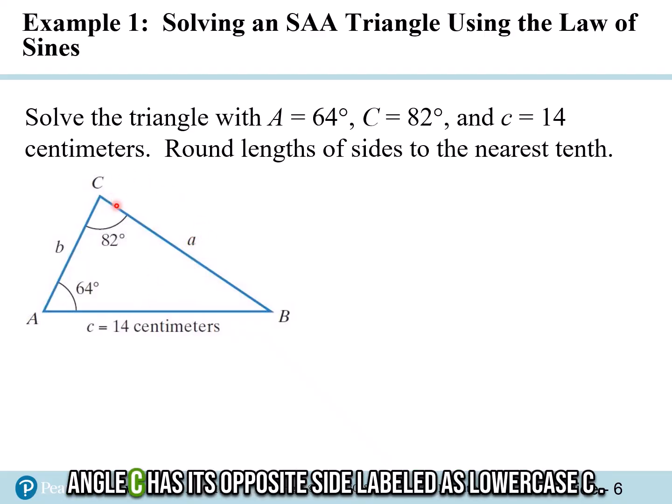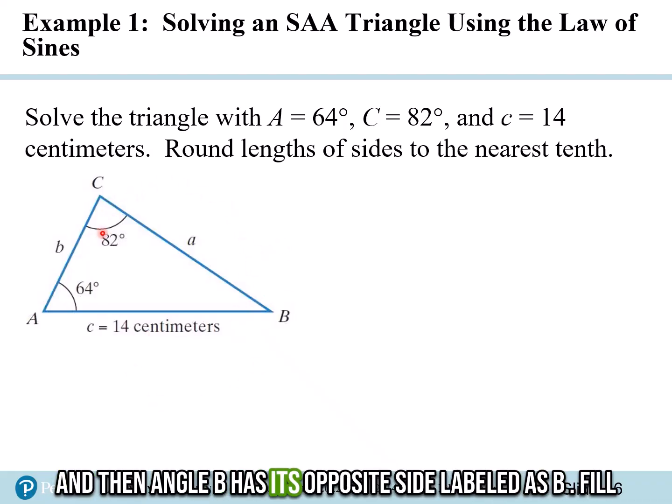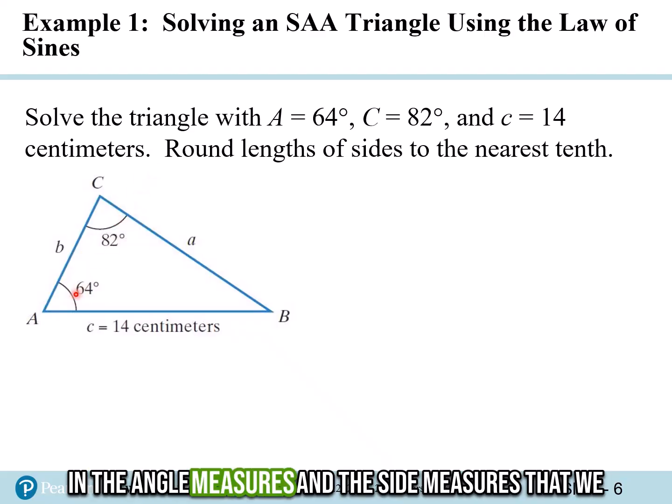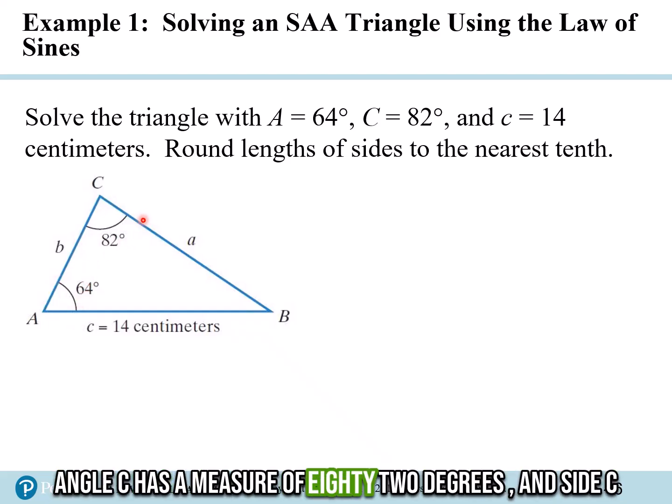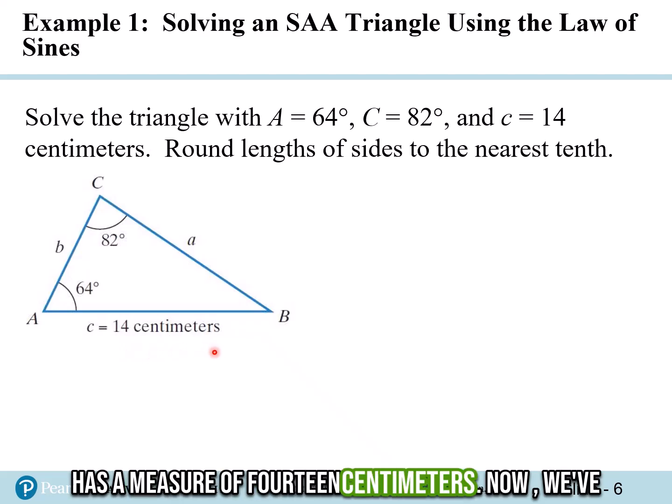Similarly, angle C has its opposite side labeled as lowercase c, and angle B has its opposite side labeled as b. Fill in the angle measures and side measures that we know. Angle A has a measure of 64 degrees, angle C has a measure of 82 degrees, and side c has a measure of 14 centimeters.